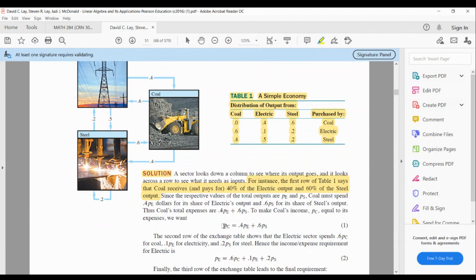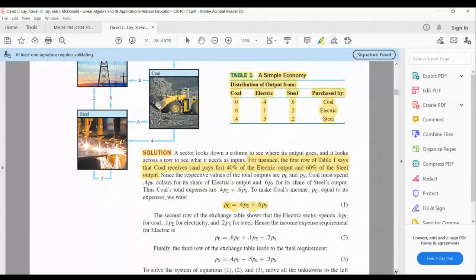In order to make coal's income equal to its expenses, the income for coal has to equal 40% times the expense to electric and 60% times the expense due to steel. So that first equation comes from the first row in table 1.